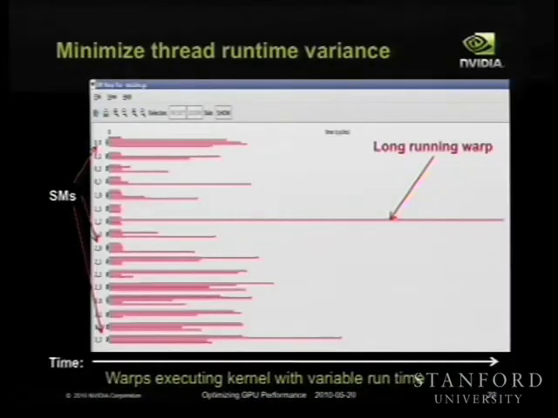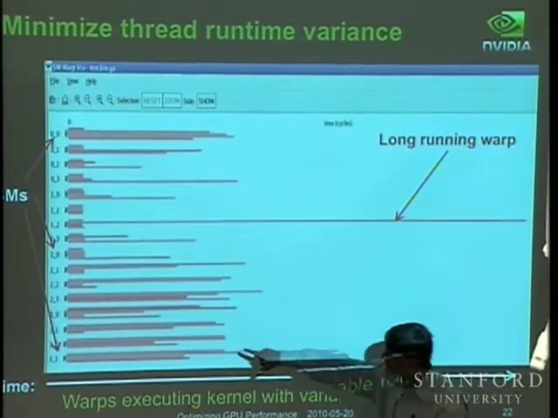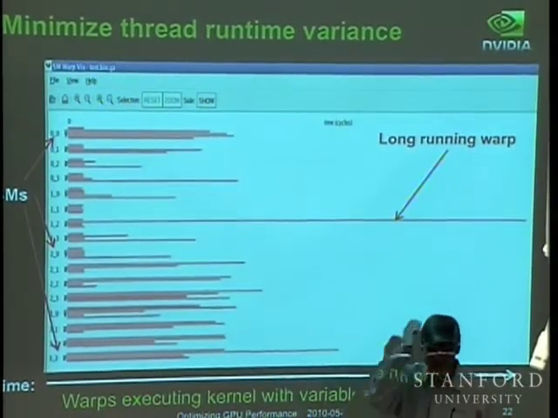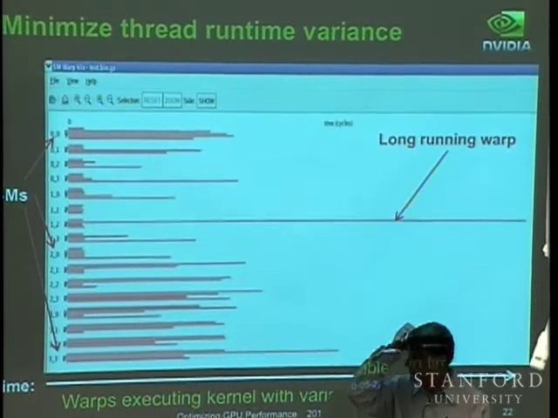Let's see. So one thing, here's an example of a program where the guy said, this program is really, really slow. And we're trying to figure out what's going on. The horizontal axis here is time, and each bar is the execution time for one warp.